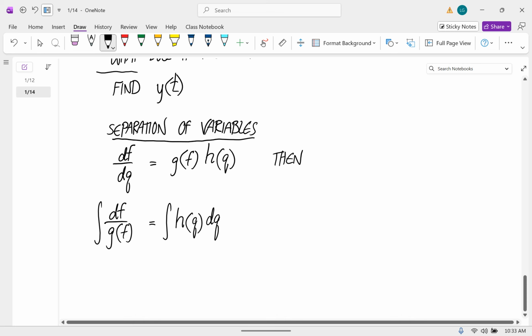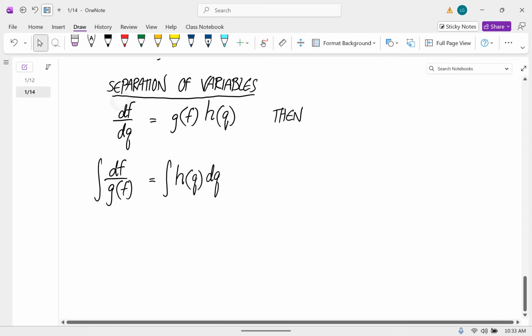One thing that is important for doing these is, anytime you integrate something, you get a constant of integration. So notice that this integration, well, really you would get two constants of integration because you're integrating two things.